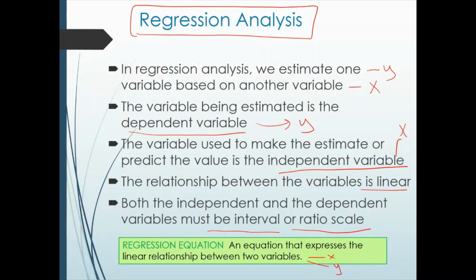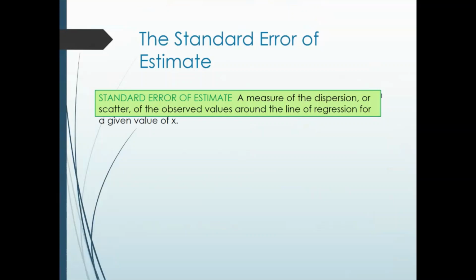Okay, so how is this a little bit different from what we've seen before? The one thing that we get that we didn't see before is the standard error of the estimate. The standard error of the estimate is only in the regression analysis. The standard error of the estimate is a measure of the dispersion.